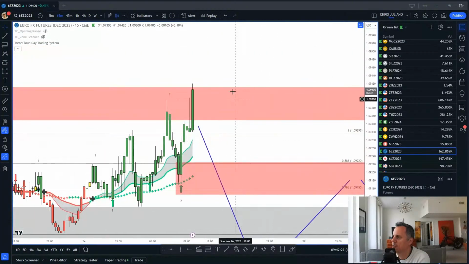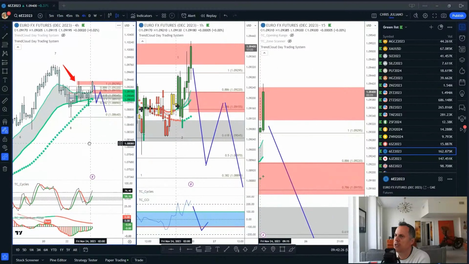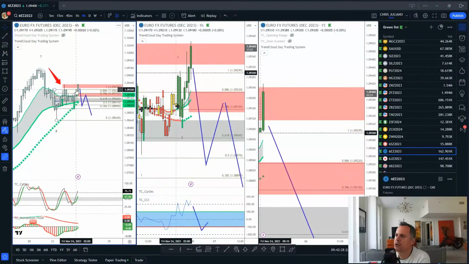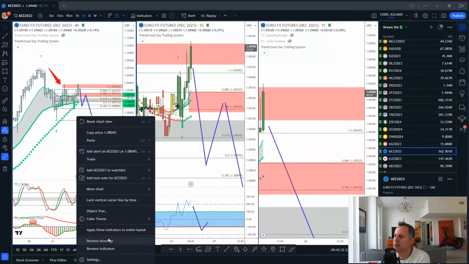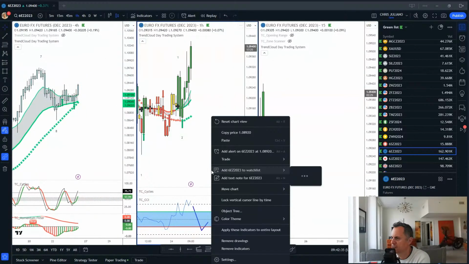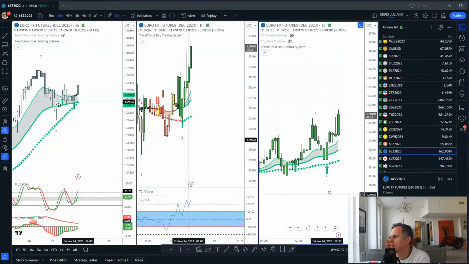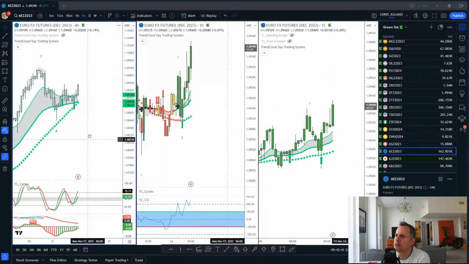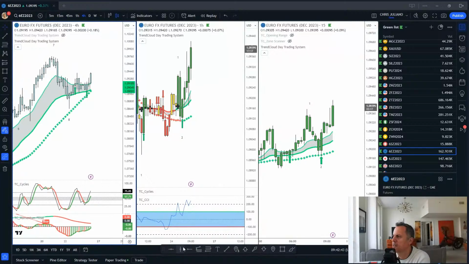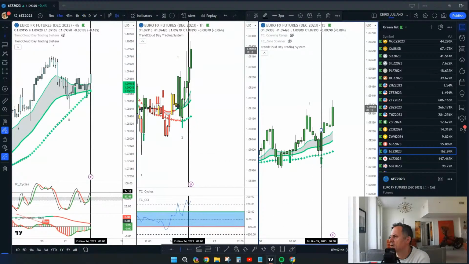Okay, so here we go. We're breaking through some structure here, right? We are starting to break through structure and we're starting to make a move. Let's erase everything and let's go through our process. Grab a vertical axis line and let's go right here.